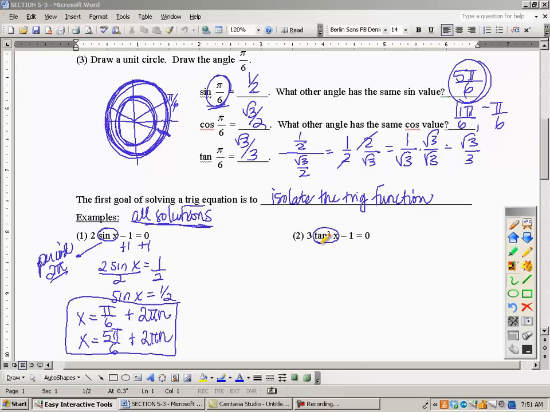Okay, let me show you the same thing with a tangent. Again, I want this trig function to be by itself, so I'm going to add 1. 3 times the tangent squared of x equals 1, and I divide by 3, so the tangent squared of x equals 1/3. And I don't want tangent squared, so I'm going to square root this.